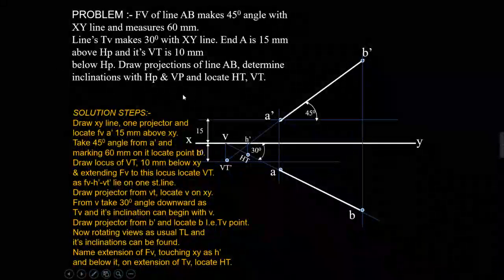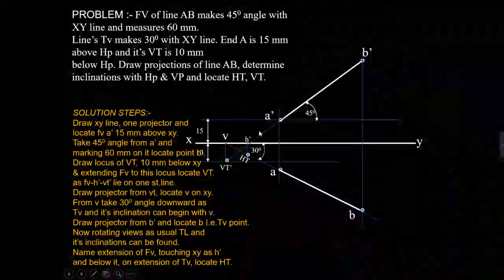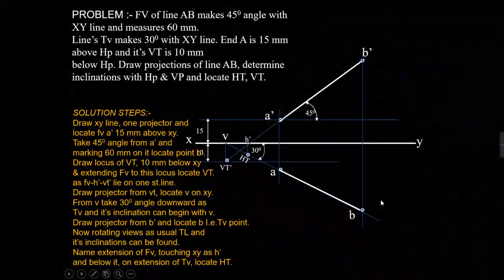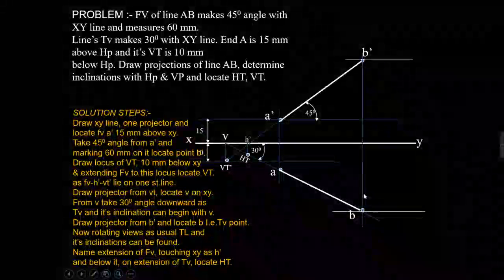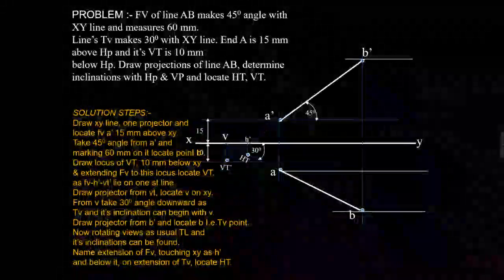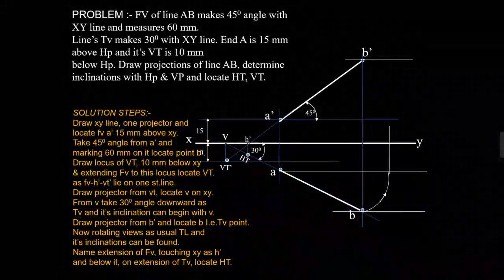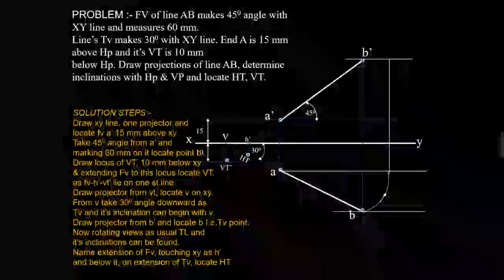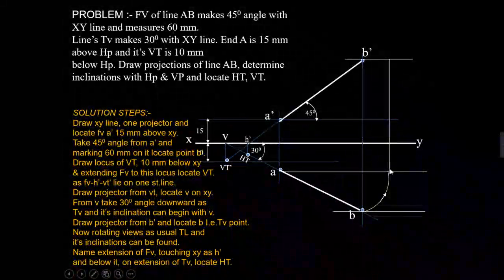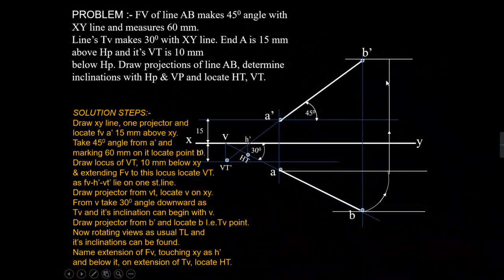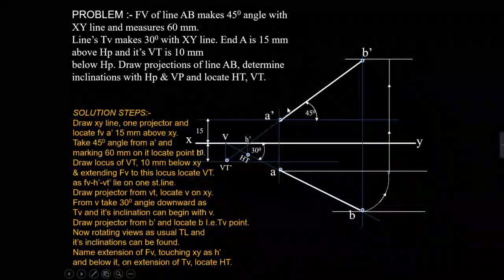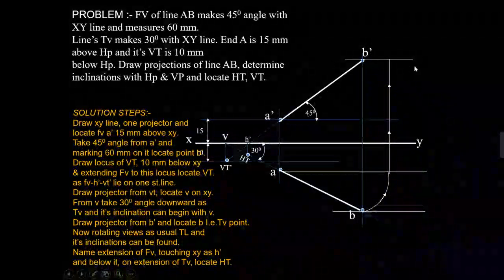Then to find out the inclination with the HP and VP, it is the same procedure. First we have to make a line parallel to the XY line like this. Then I will join the line, and I know the point B will lie somewhere here on this horizontal line.